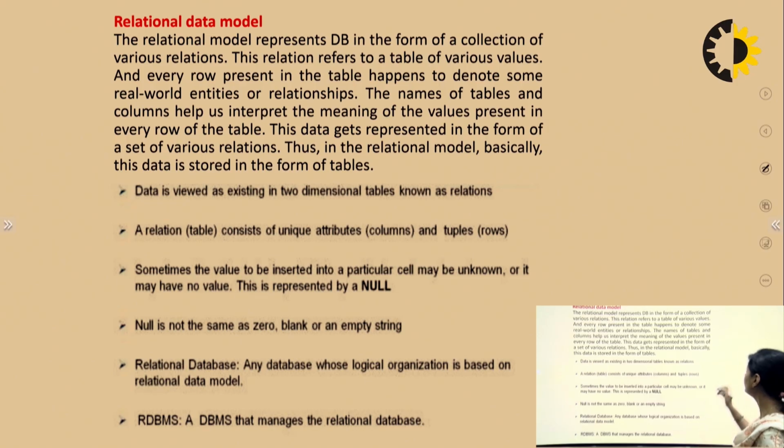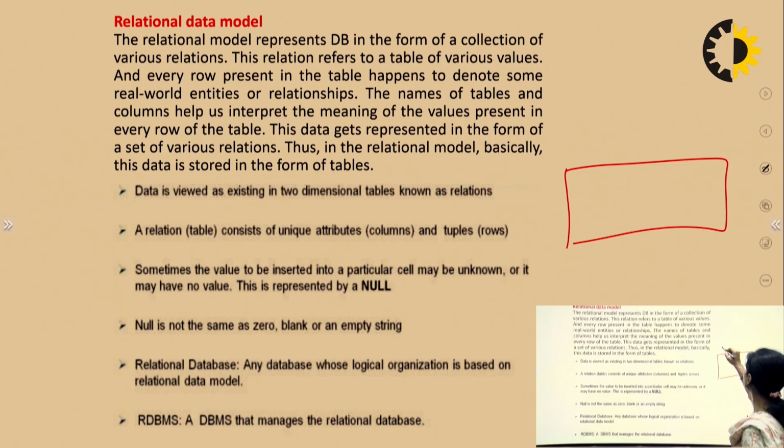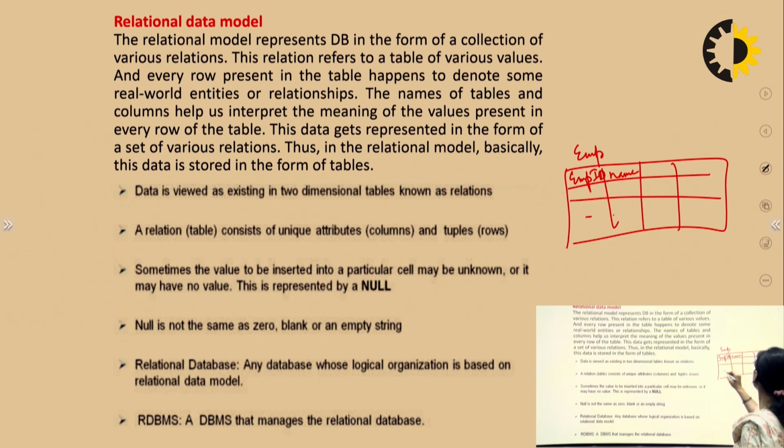Suppose we have a relation, that is a table named employee, and we have multiple columns like employee ID and the name of the employee, and certain records. Employee ID 1 has the name ABC, and he has some records. Then we have employee ID 2 with name XYZ, and they will have some records.